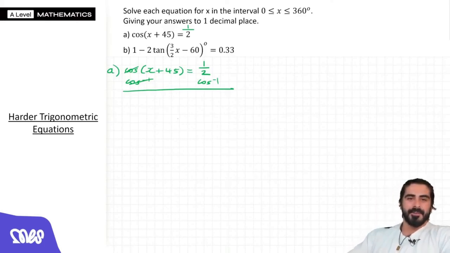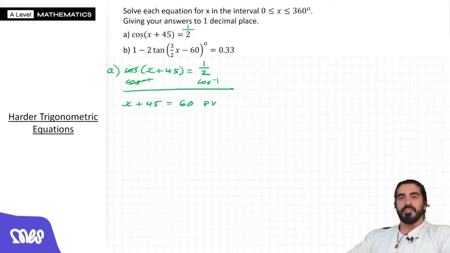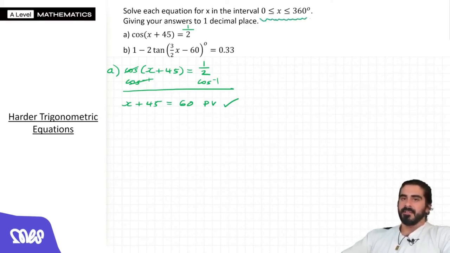So we have x plus 45 is 60. That's our primary value. Now, if you check between 0 and 360, that is in the range. One thing you need to be very careful of, and I'm only mentioning it now because I haven't explained this already, is that this range here is for x.